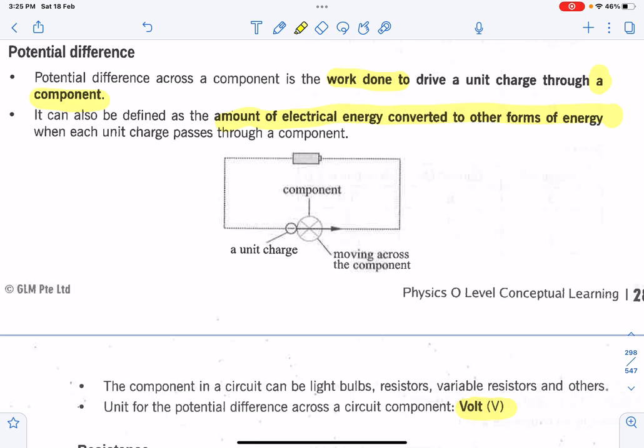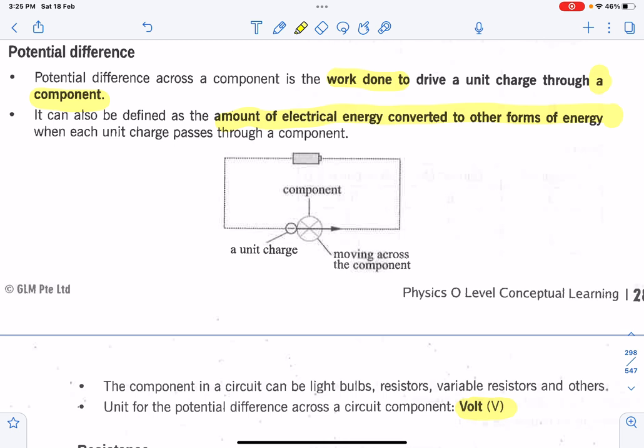So next is potential difference. Potential difference across a component is the work done to drive a unit charge through a component, meaning it's like part of the whole circuit. So it can also be defined as the amount of electrical energy converted to other forms when each unit of charge passes through a component, like let's say a light bulb.